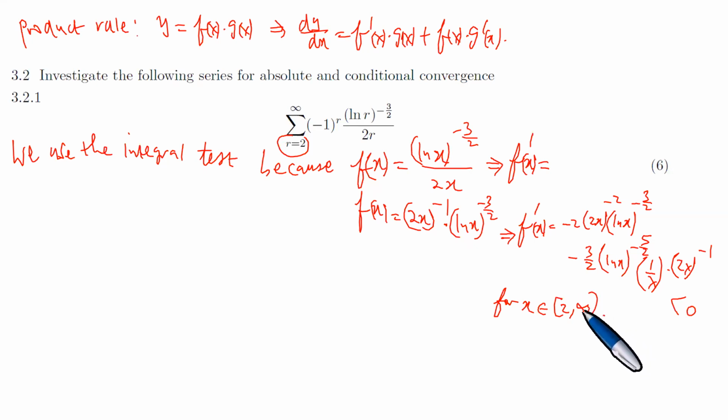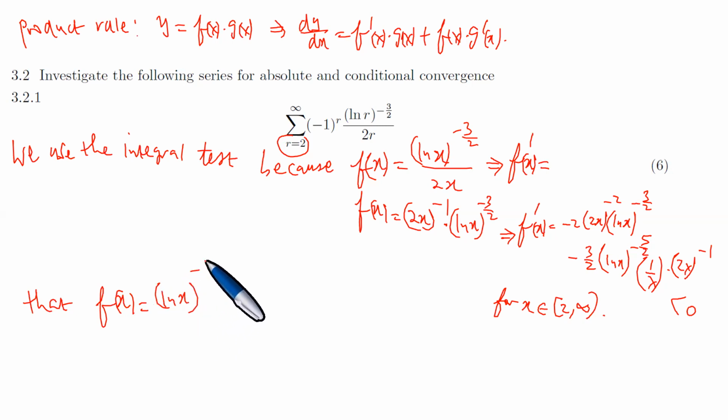So we use the integral test because this f, which is ln x to the power minus 3 over 2 over 2x, is decreasing.